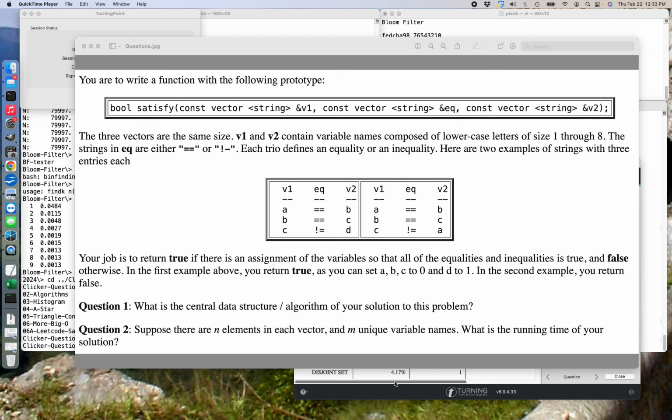Will your interviewer understand inverse Ackermann or disjoint sets? Maybe not. What's inverse Ackermann? Inverse Ackermann is weird. Ackermann's function: Ackermann of 1 is 1, Ackermann of 2 is 2 squared, Ackermann of 3 is 3 to the third, Ackermann of 4 is 4 to the 4 to the 4 to the 4. It grows super fast. Inverse Ackermann is the inverse of that function.